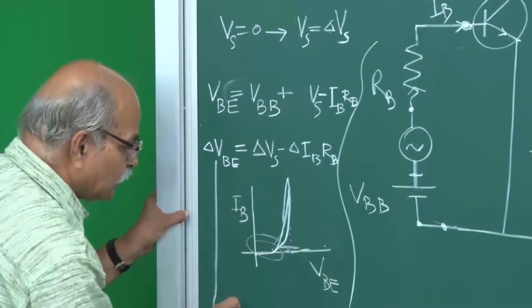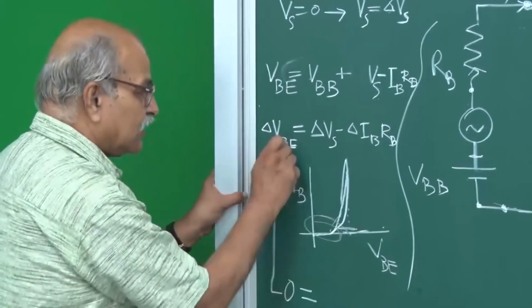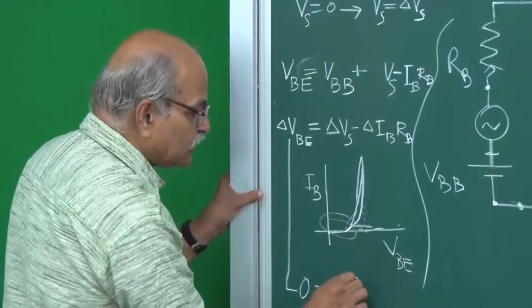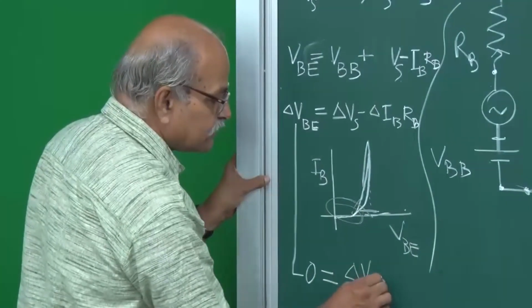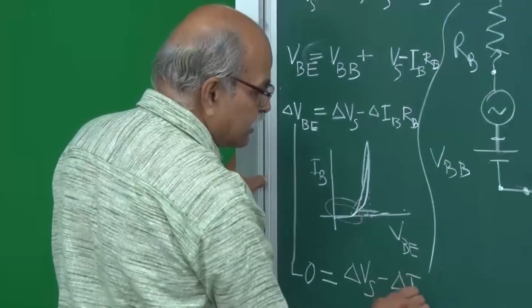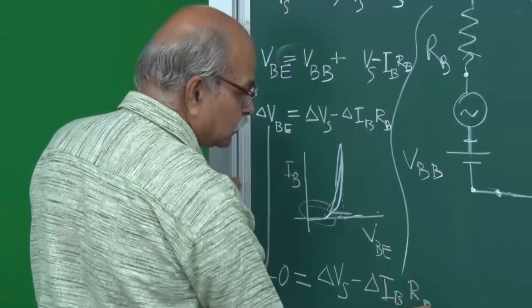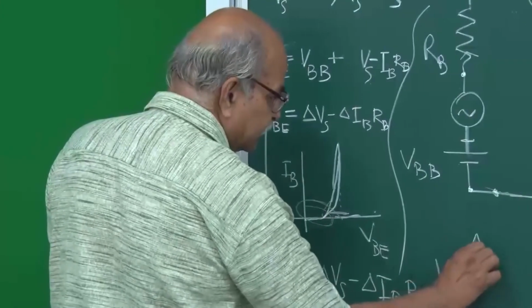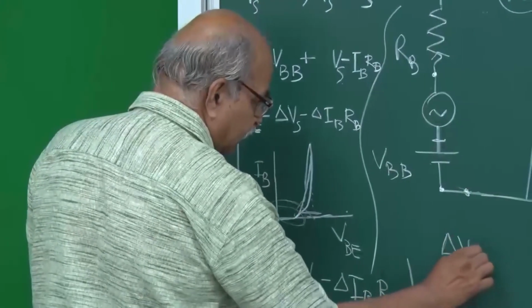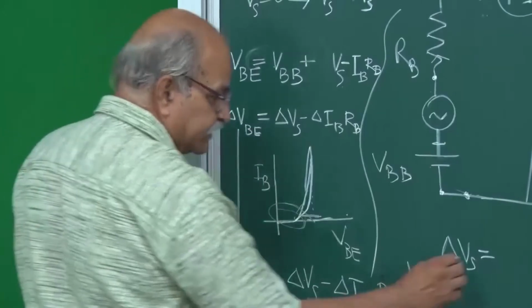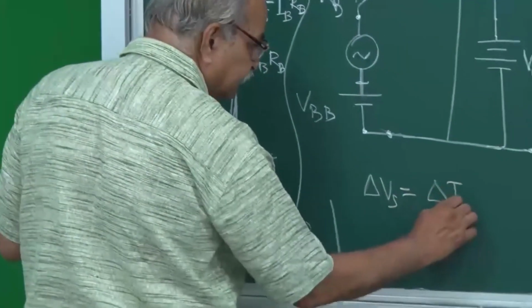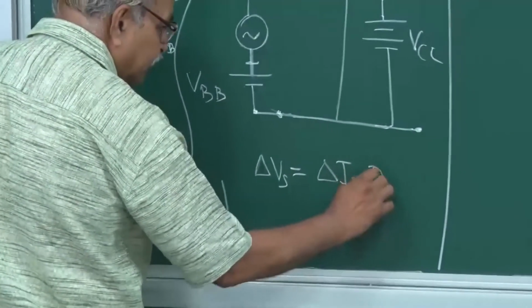The same thing you can write from here also. If you take this as very small and write it as 0, then you have 0 equal to delta Vs minus delta IB and RB. So delta Vs is equal to delta IB into RB.